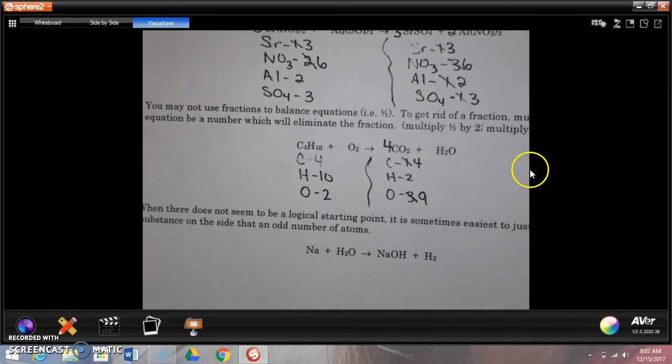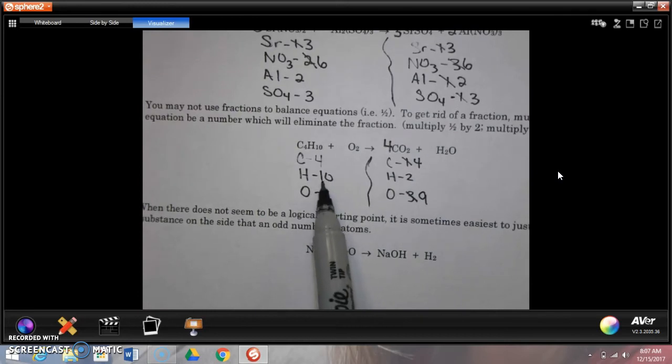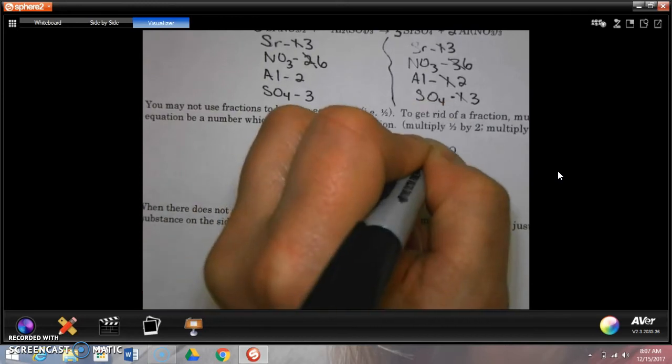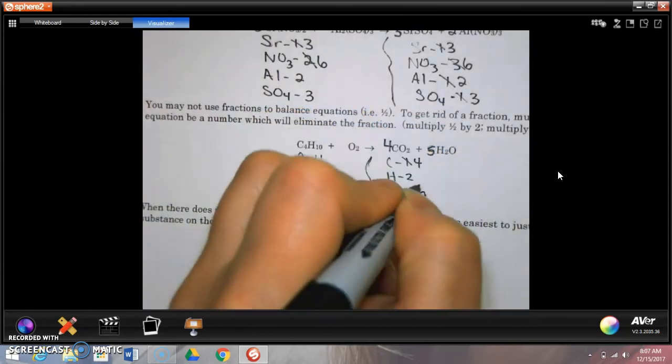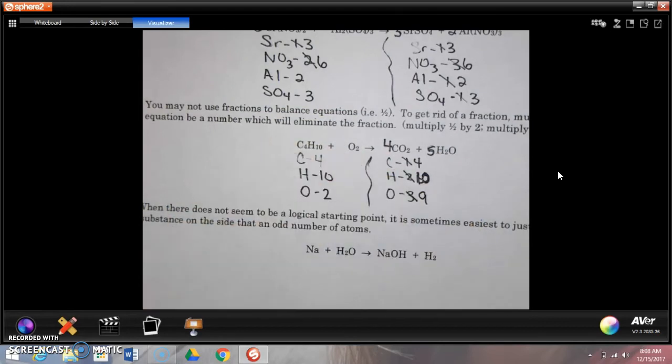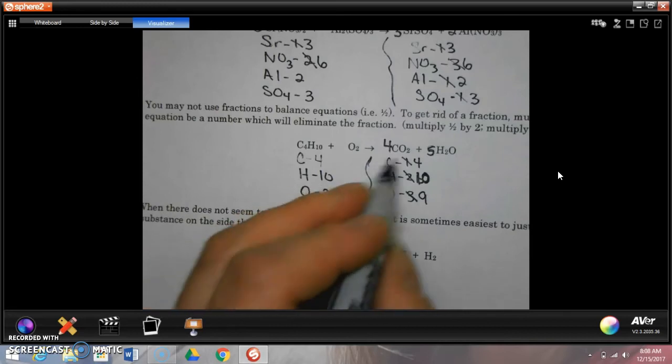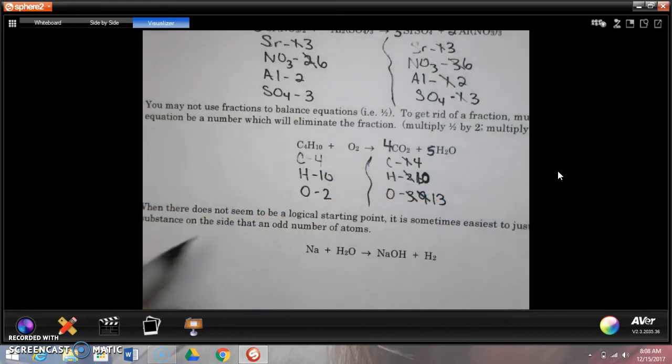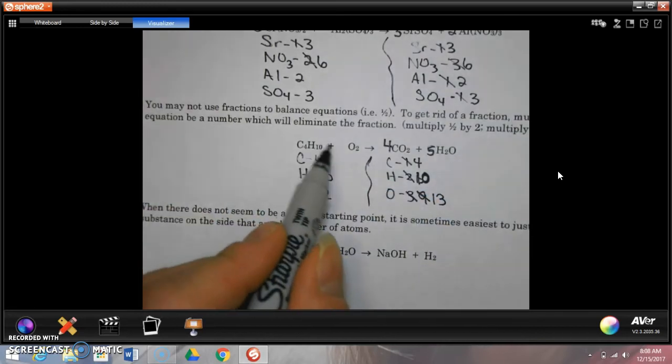I've got 10 hydrogens on the left, only 2 on the right. If I put a 5 in front of the water, I can get 10 hydrogens. But now recount your oxygens as well. 8 here, 5 here gives me 13. So everything's balanced except for oxygen.